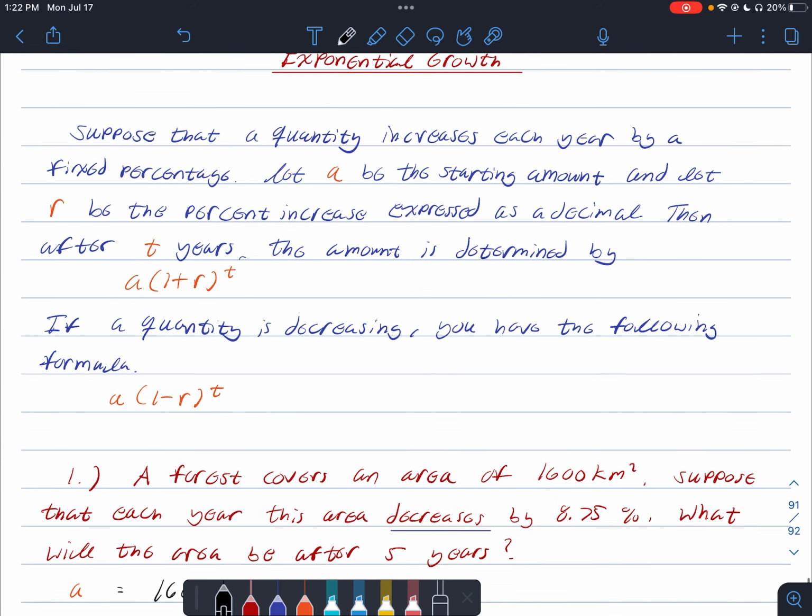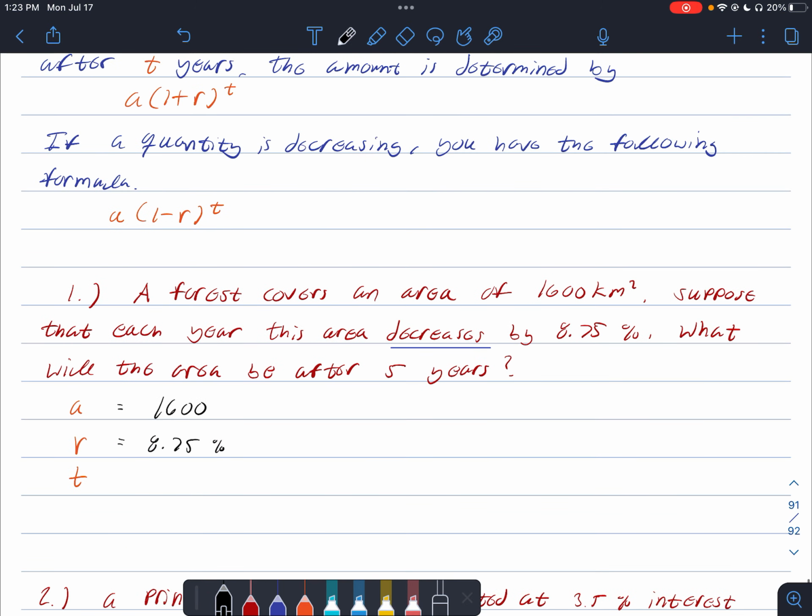But the key here is we need to make sure that our R value is expressed as a decimal. So anytime you're given a percentage, if you want to express it as a decimal, you just divide the number by 100.